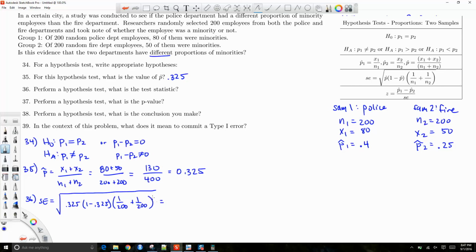I take the square root of all of that, and I get 0.04684. So my test statistic Z is p hat 1 minus p hat 2, 0.4 minus 0.25, divided by 0.04684. And I get a Z score of 3.2.